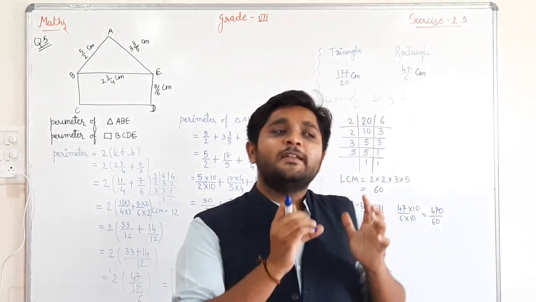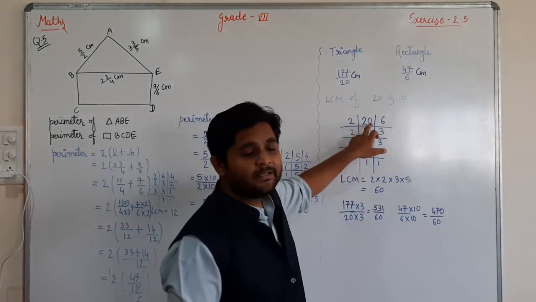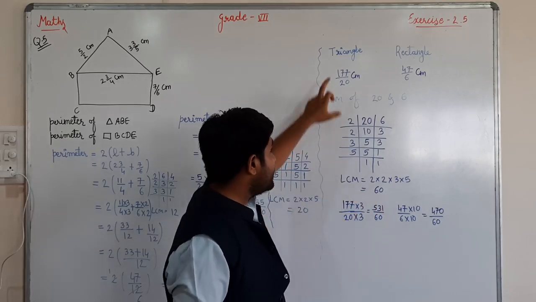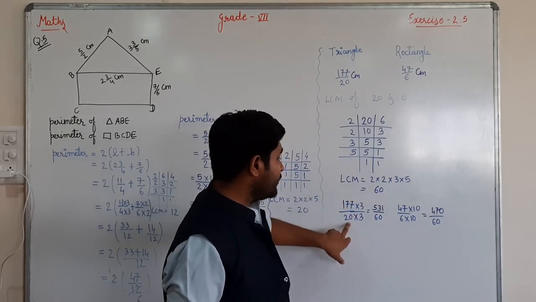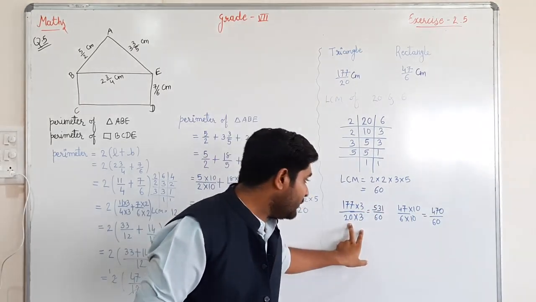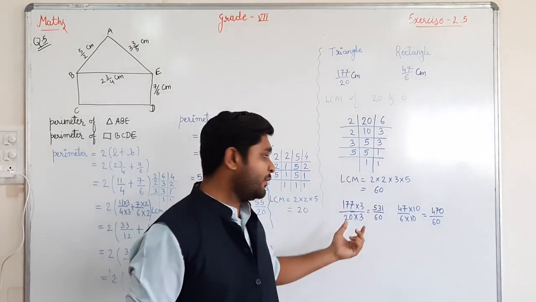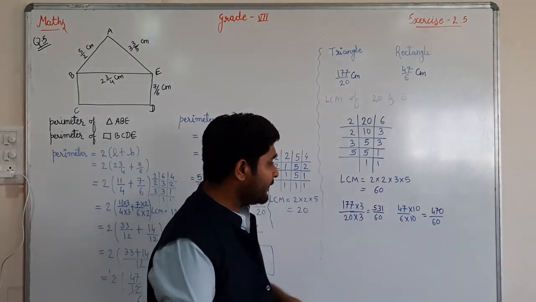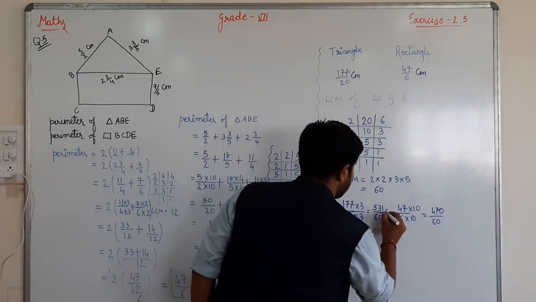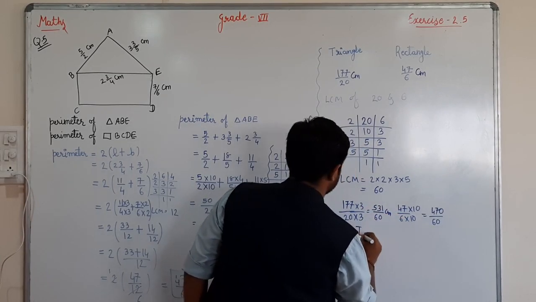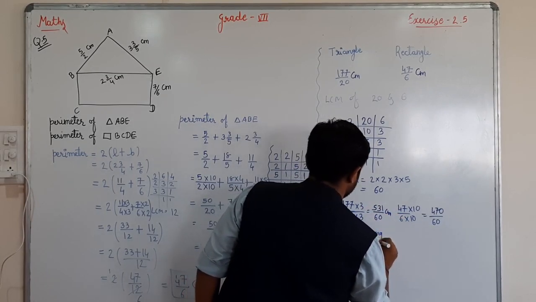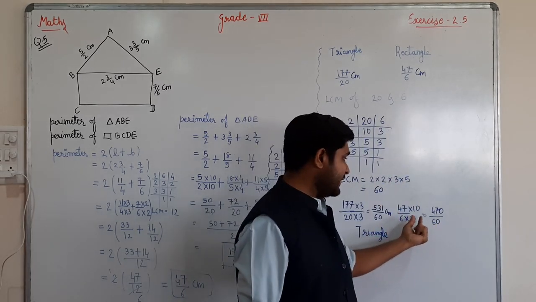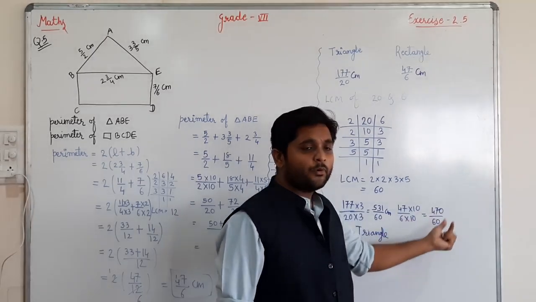I found the LCM of 20 and 6, which is 60. For 177 upon 20, we want 60, so 20 is multiplied by 3, and the numerator by the same operation, 177 multiplied by 3, which gives 531 upon 60 centimeter. This is our triangle. For the rectangle, 47 upon 6, we want 60, so 6 times 10 is 60 and 47 times 10 is 470 upon 60.